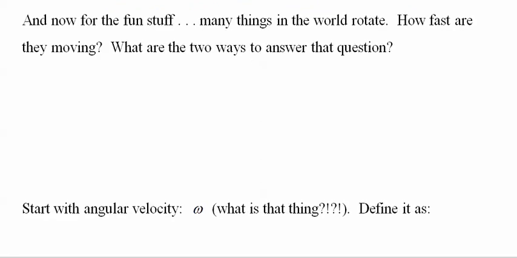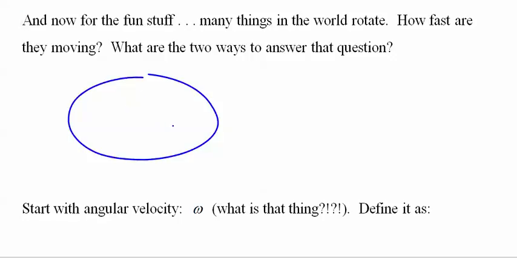Now things get bad. Lots of things are rotating. Let's just say a carousel. And you're on a horse. I know how bad the horse is. You don't have to tell me. And your friend's on a horse that's a little bit closer to the middle.